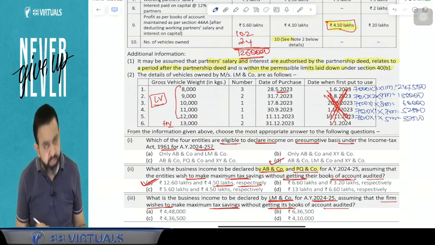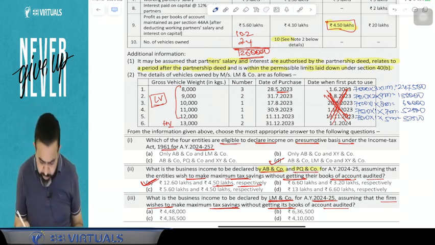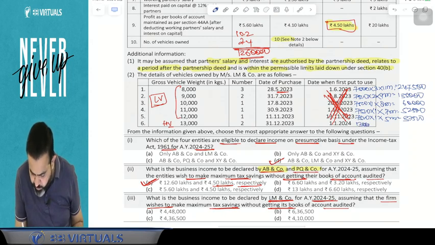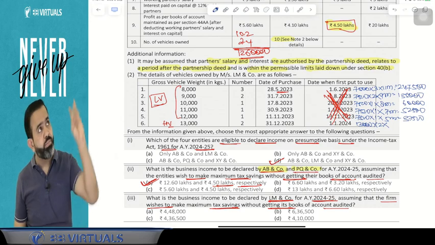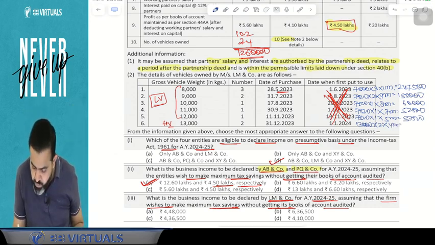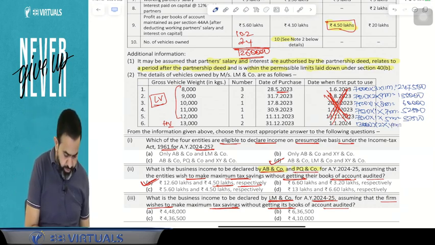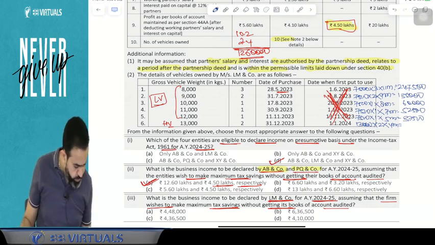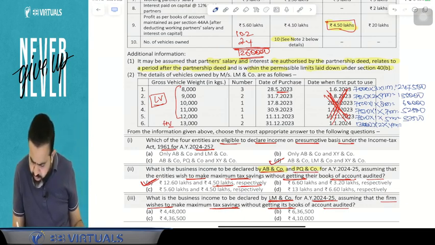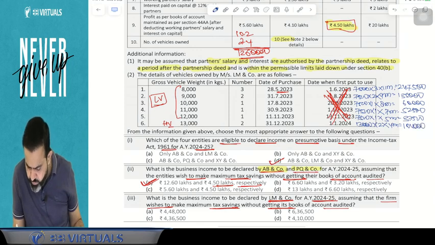And for the last one, 13,000, your monthly income will be 13,000, that is 1,000 per ton, multiplied by 2 vehicles, multiplied by December, January, February, March, so 4 months. 13,000 multiplied by 2 vehicles multiplied by 4 months comes to 1,04,000.